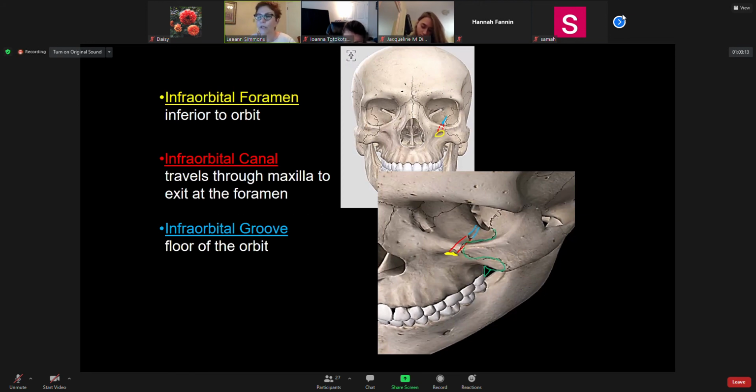Here's the infraorbital process of the maxilla that forms the floor of the orbit of the eye. And then here's the maxillary bone in green. So you see that these landmarks are part of the maxilla. We often don't think of that, you know, up in here being part of the maxilla, but it is. Everybody good?